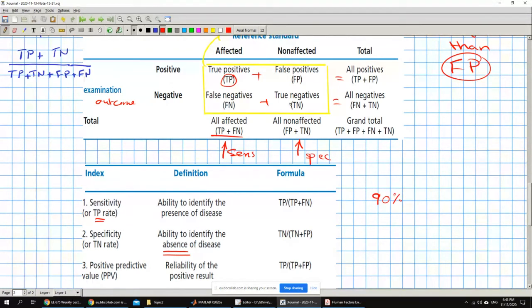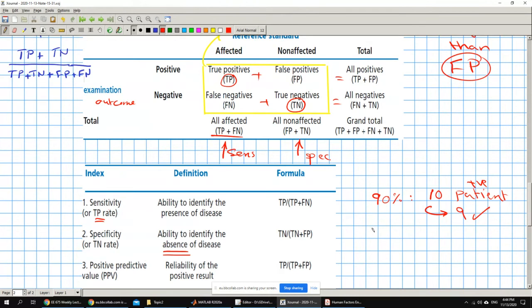If you look at this column here, we were able to detect the negatives correctly here, but actually the total was a little bit more. So if you divide TN by TN plus false positive, FP, or non-affected, you're going to get the percentage of patients without the disease that you were able to detect. Here, for example, if you have 10 patients positive, you will be able to detect 9.